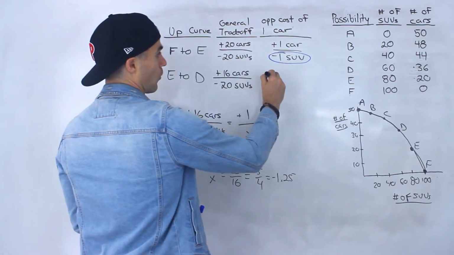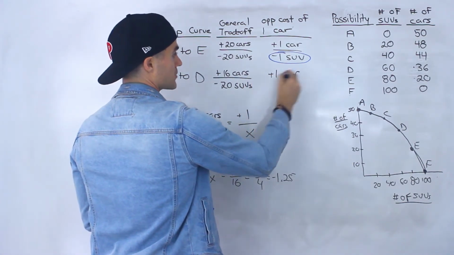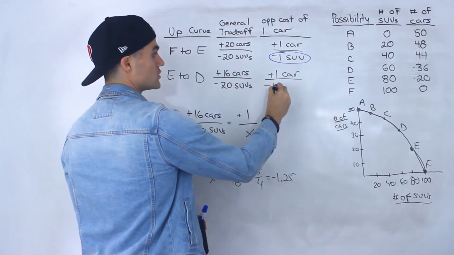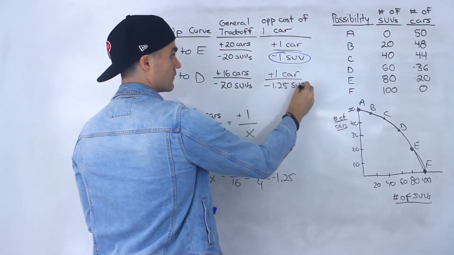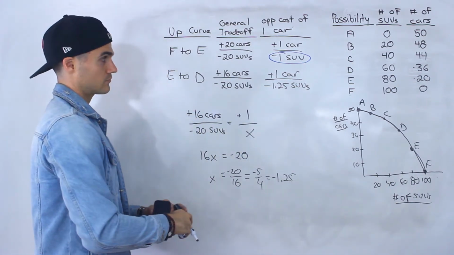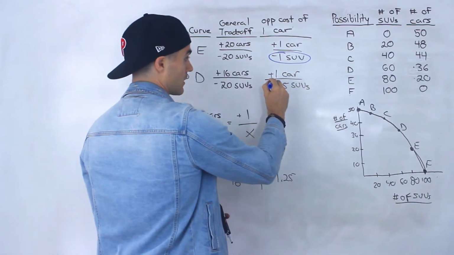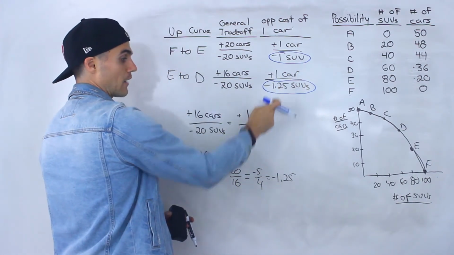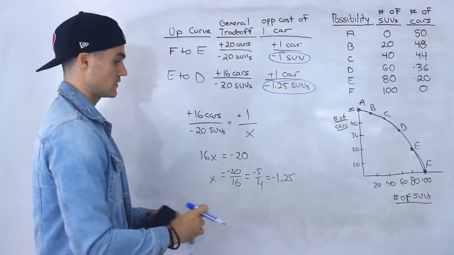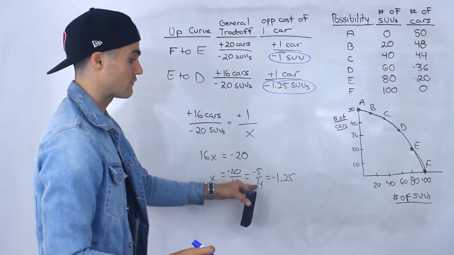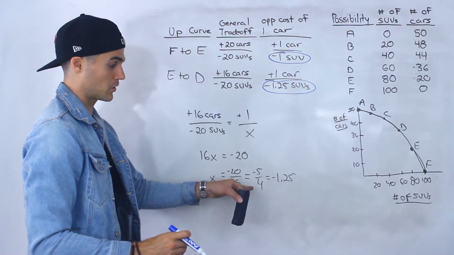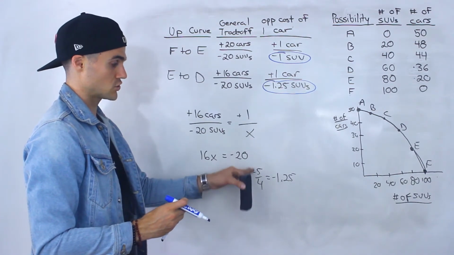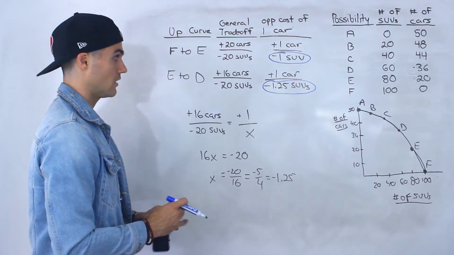So here, the opportunity cost of one car is going to be 1.25 SUVs. The opportunity cost is different, and not just different, notice how it increased. Here it was one SUV, now we have to sacrifice 1.25 SUVs, or 5/4 of an SUV. Remember, some multiple choice questions may be in fractions, so make sure you're comfortable with these fractions as well.